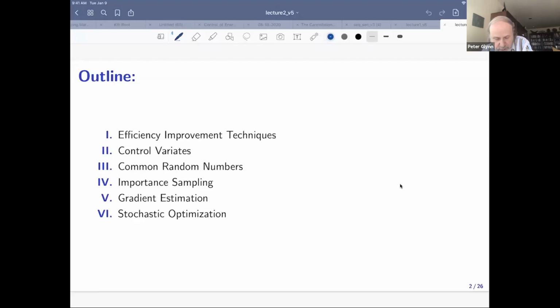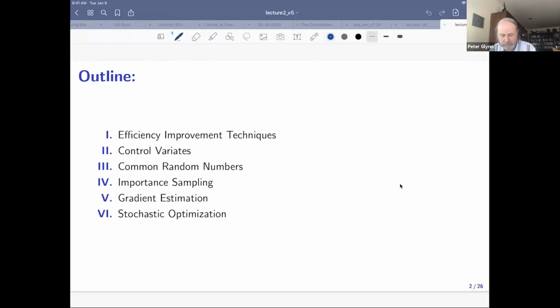And I'll talk about the slight difference in emphasis between variance reduction and efficiency improvement a bit later in this lecture. Then I'm going to talk about some specific efficiency improvement techniques: control variates, common random numbers, importance sampling. There are many, many other such methods available within the Monte Carlo simulation communities.